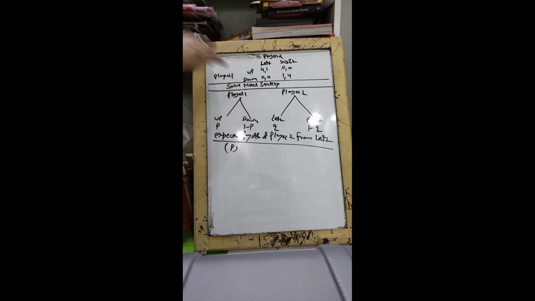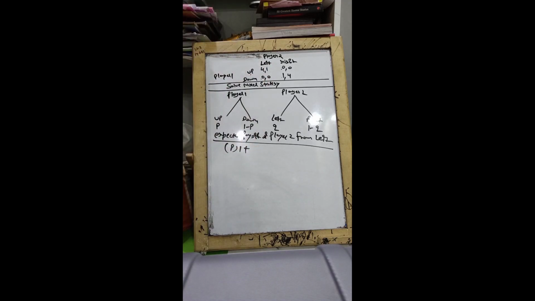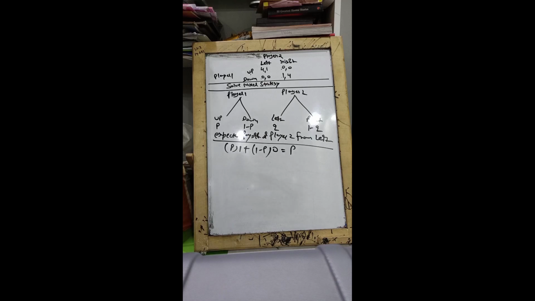So now read this payoff. This guy has committed himself to go left, and player 1 goes up, so what he's gonna get is a 1. But if player 1 goes down, the probability of which is 1 minus p, then this guy, who has committed himself to go left, should be getting a 0.